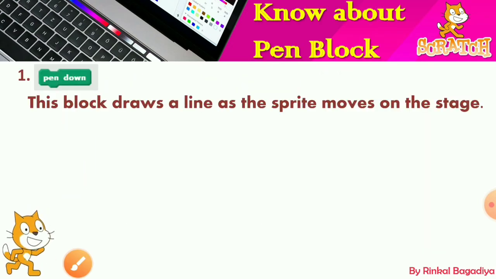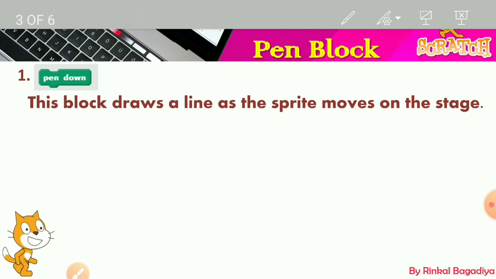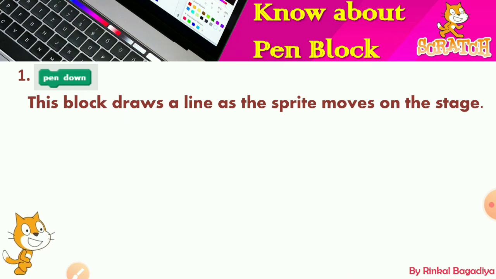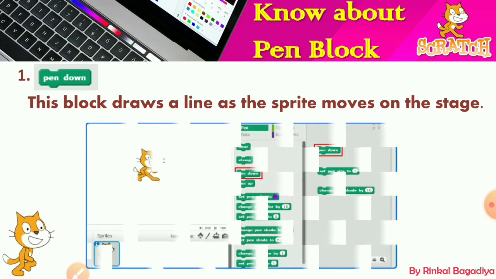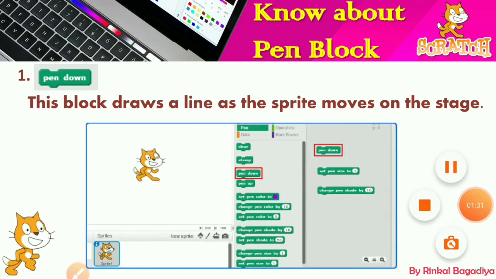Know about pen block. The first block is pen down. This block draws a line as the sprite moves on the stage. When the sprite moves, it will draw a line. Here on the screen you can see this is the pen down block.